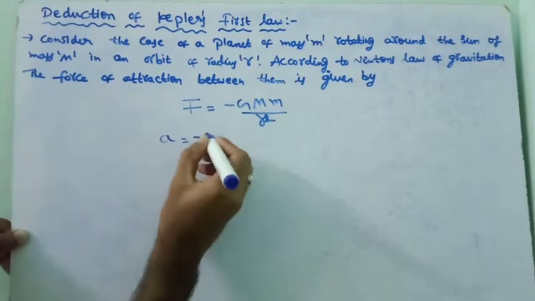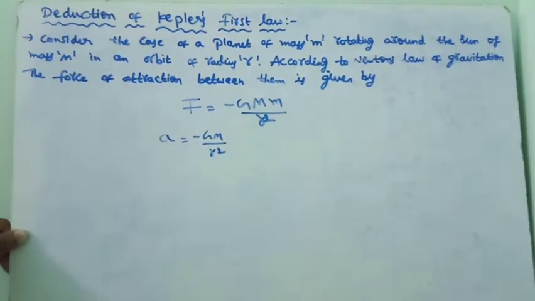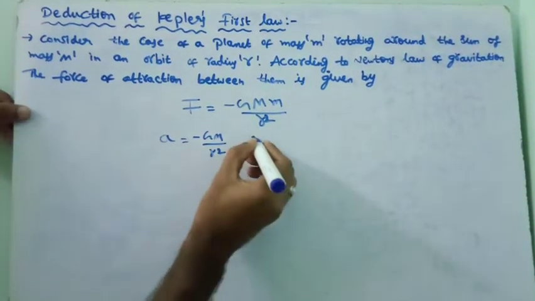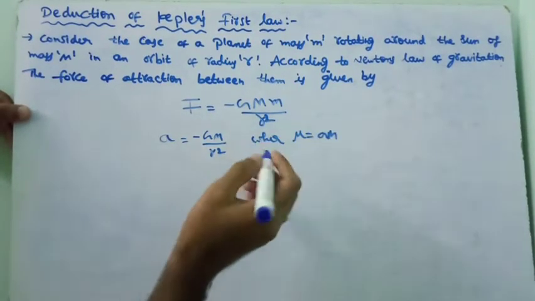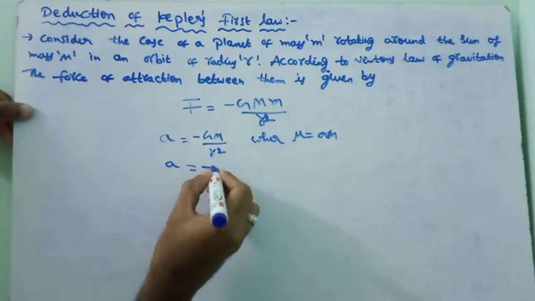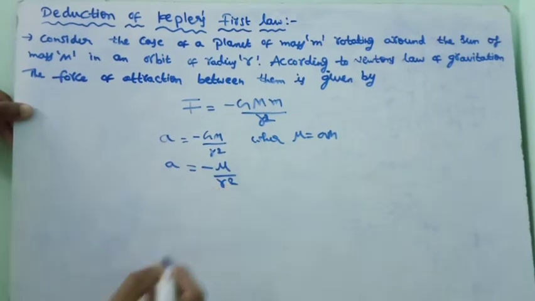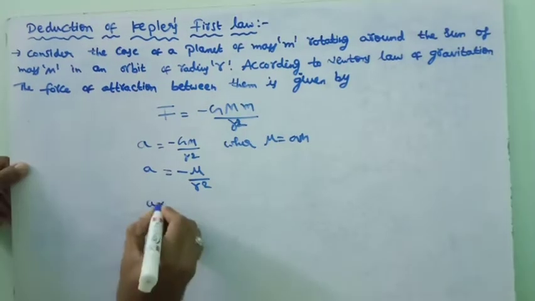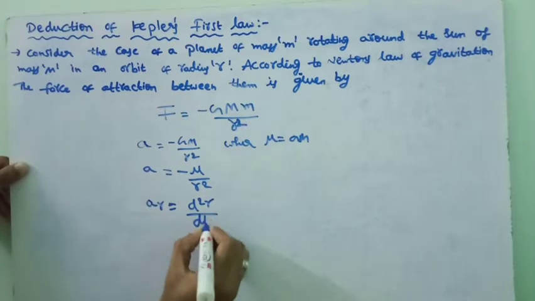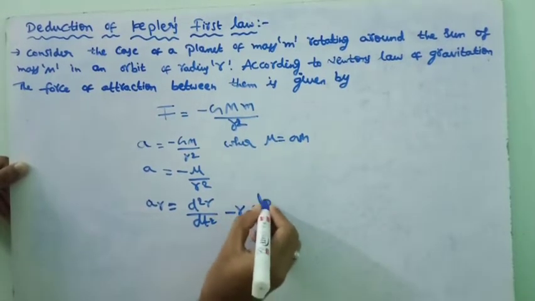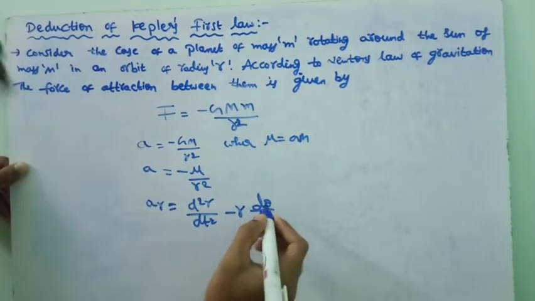The acceleration is minus G M by r square, where mu is equal to G M. So the acceleration becomes minus mu by r square. We know that in polar coordinates, the radial acceleration a_r is equal to d square r by dt square minus r into (d theta by dt) whole square.